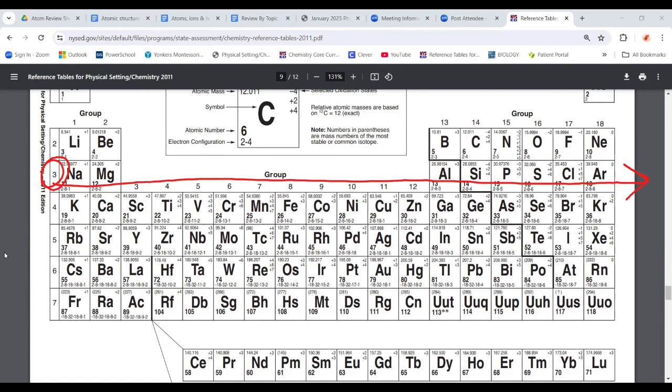The elements are always increasing in atomic number, one at a time, in order on the periodic table. So 11, 12, 13, 14, I'm going left to right, headed toward fluorine. If I'm headed toward fluorine, my electronegativity is increasing and my radius is the opposite. So my radius is decreasing.